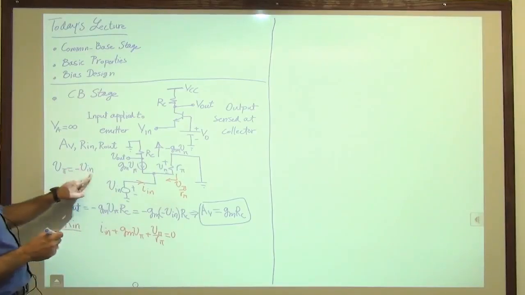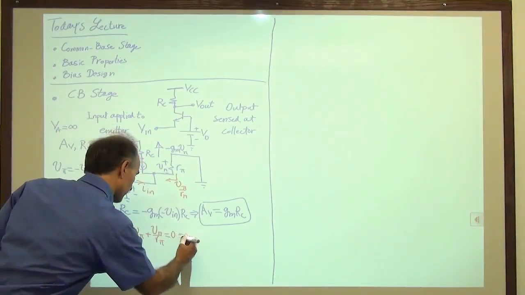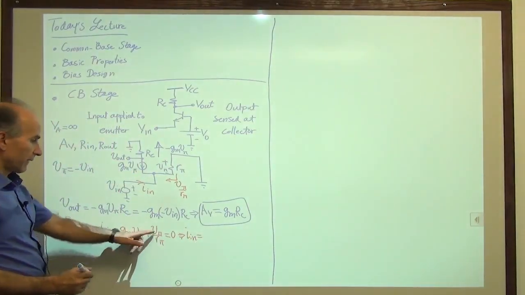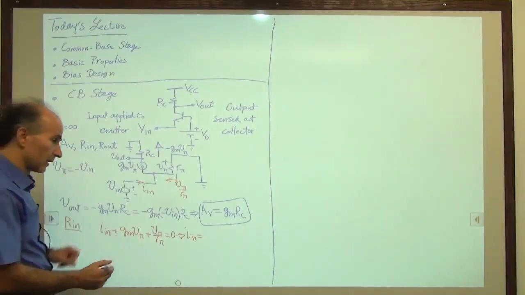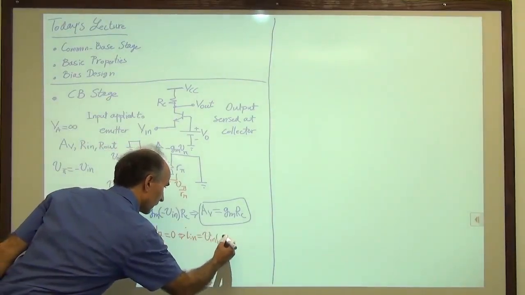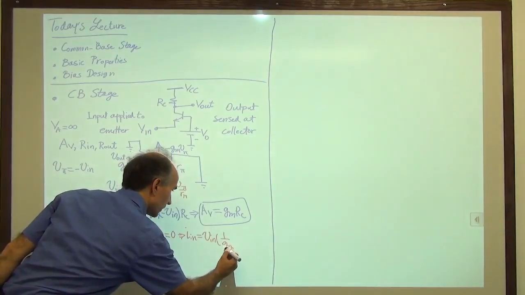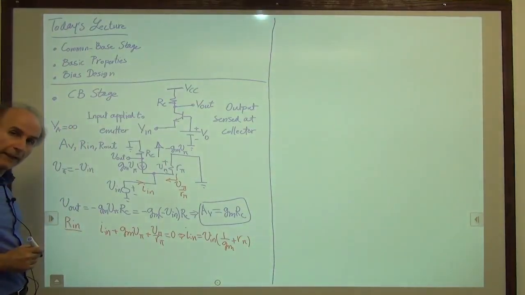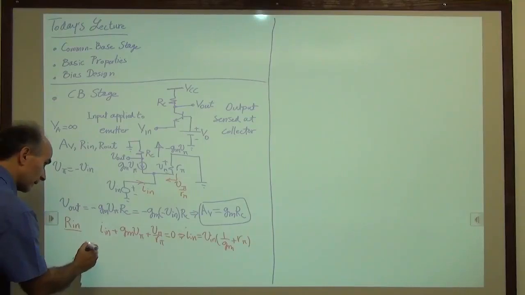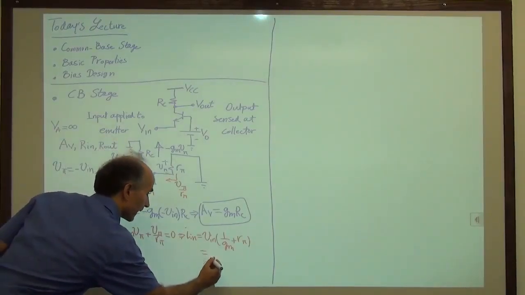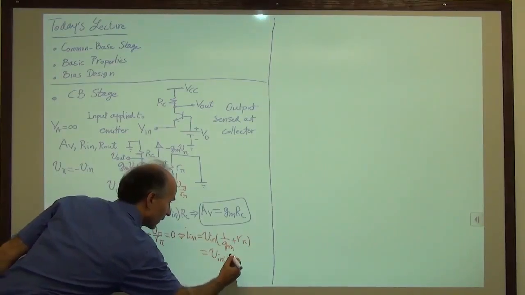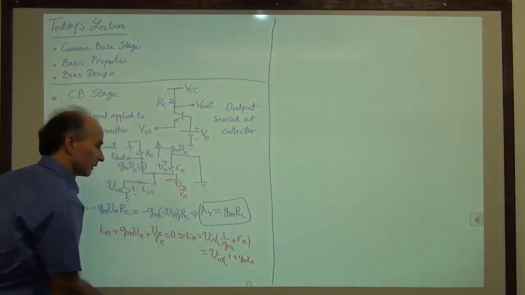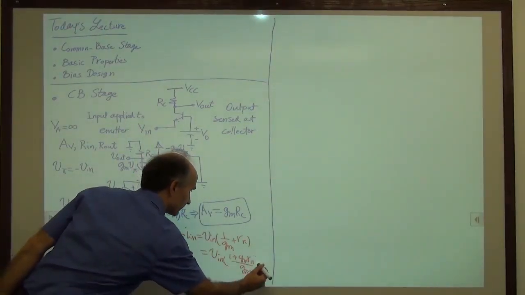Now we have V pi as minus V in, so that tells us that I in is equal to, let's take these to the other side, factor V pi and replace it with minus V in. So that tells us V in times 1 over gm plus r pi.